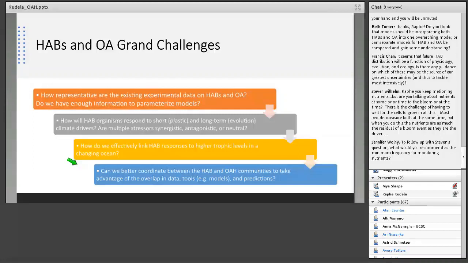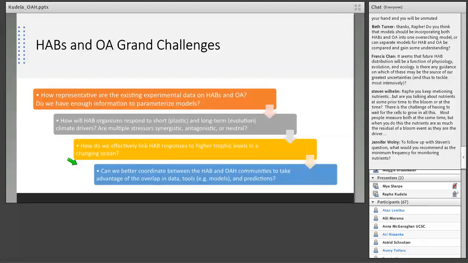But beyond that, kind of a more philosophical point is, I think what's really driving a lot of the exciting things in our community right now is the ability to start measuring things at relevant ecological scales. And so we can measure temperature at second or sub-second scales, but now we have things like IFCBs where we can get phytoplankton composition every 25 minutes. And we can start to do the same thing with nutrients.